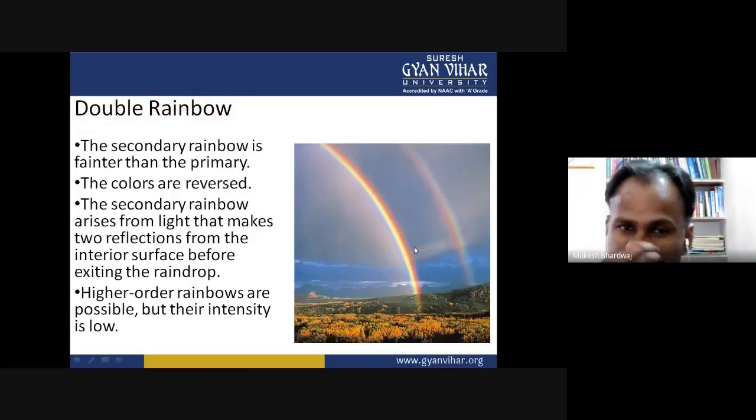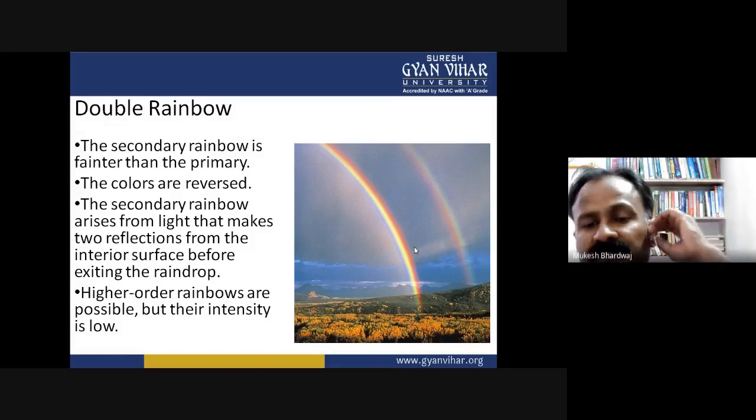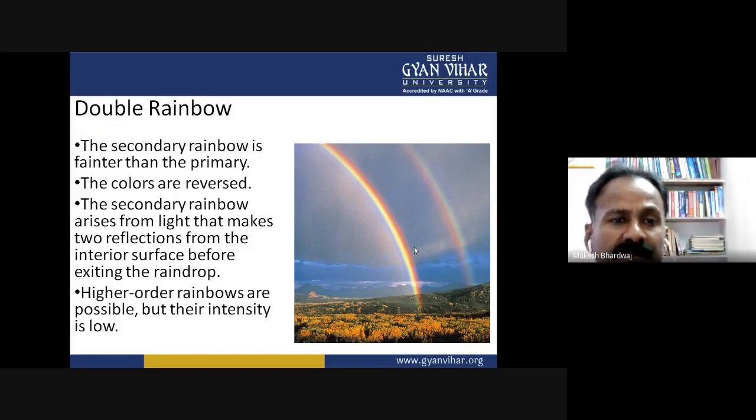Double rainbow. Some of the time we have seen that there are two rainbows in the sky during the rainy season. The secondary rainbow is fainter than the primary. The colors are reversed.